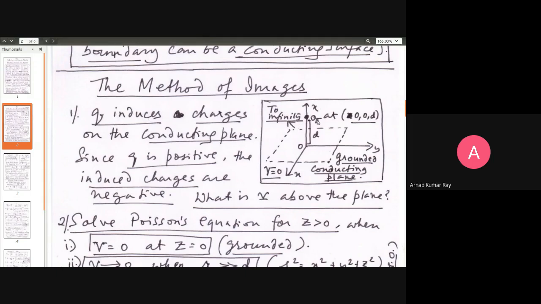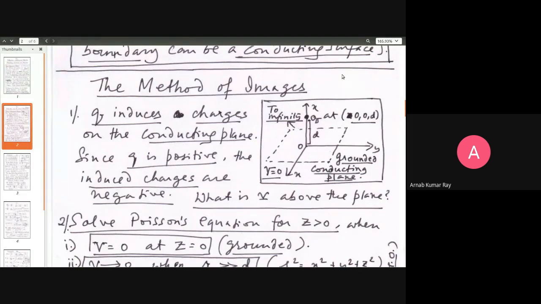So the question is, as soon as you bring in this Q over here, what is the potential in this region above the plane? Normally, you would have thought, what is the big deal? You have a charge Q over here, the potential is very easily known.